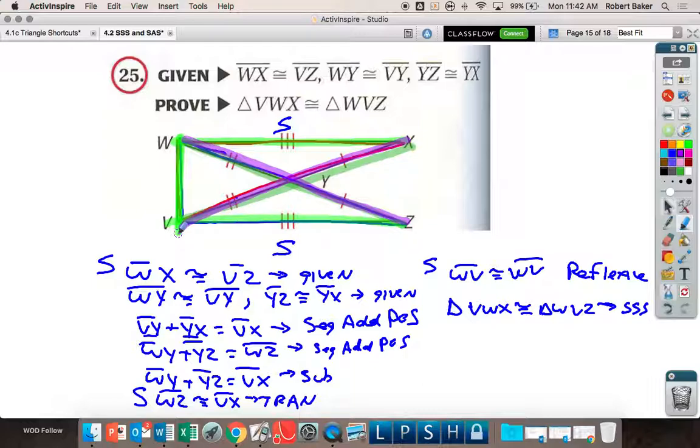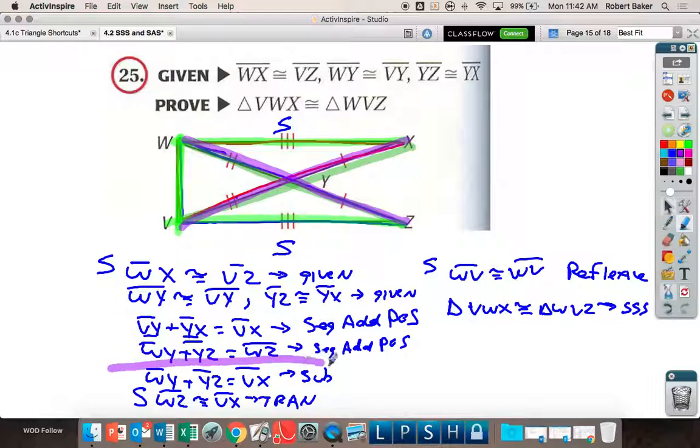So what I said was this piece plus this piece equals the whole thing. This piece plus this piece equals the whole thing. And then I substituted this piece for this piece and this piece for this piece so I could write the transitive property. It was this one right here.